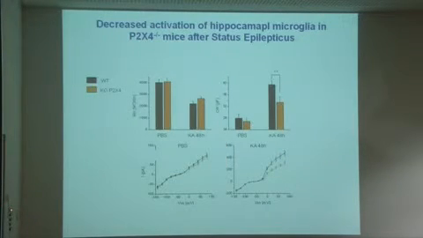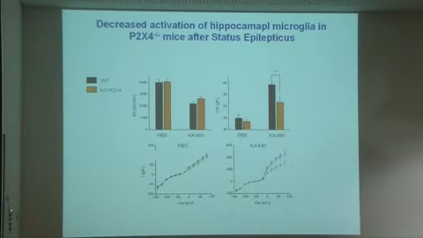But we have some slight effect of P2X4 receptor invalidation, and this is the membrane capacitance that I told you increases quite a lot in the wild type animal. It's still increasing in the knockout, but a little bit less than in the wild type.